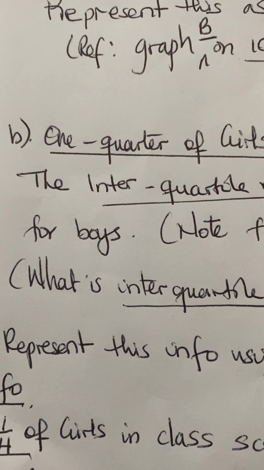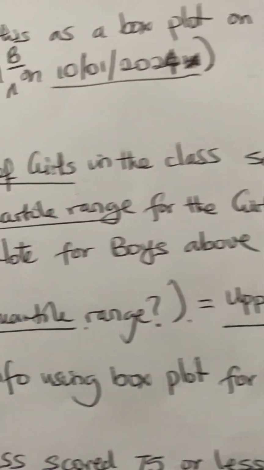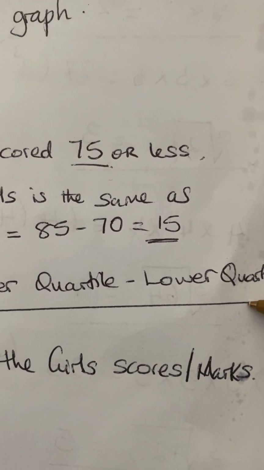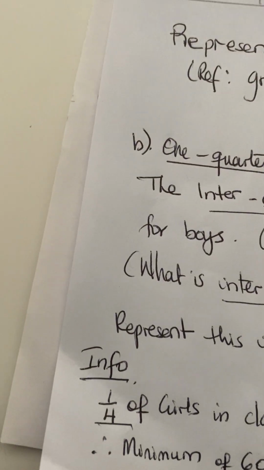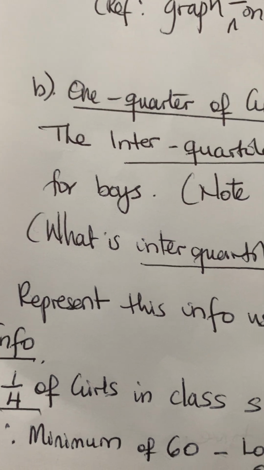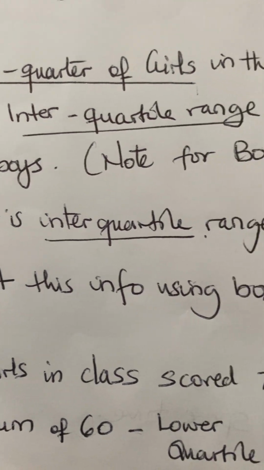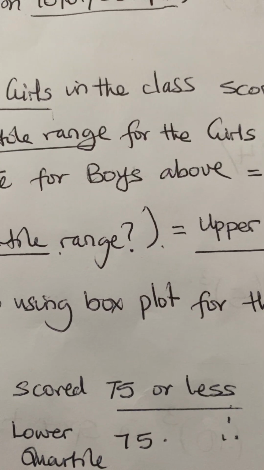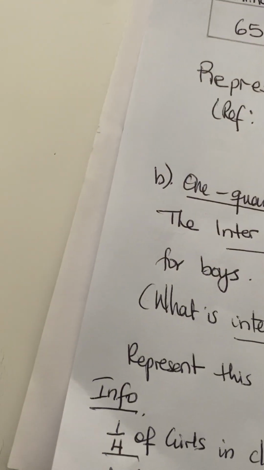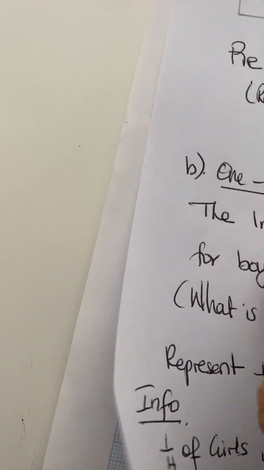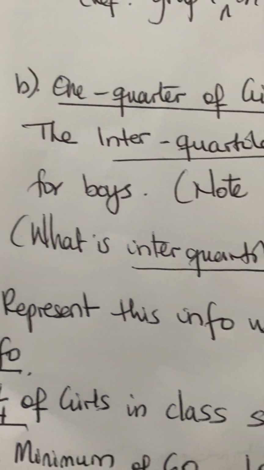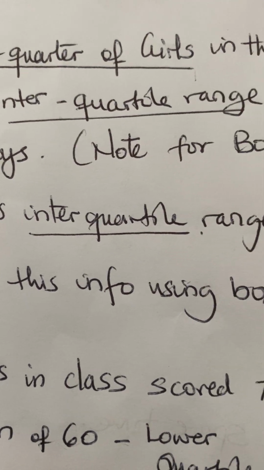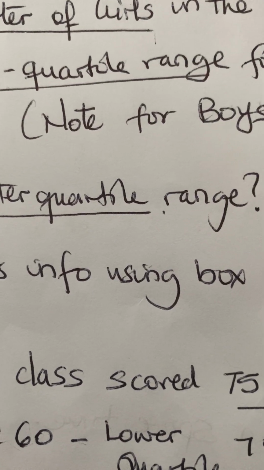And I've told you what the interquartile range is, the upper quartile minus the lower quartile. So represent this info using the box plot for the girls, and then you plot it on the grid. So one quarter of the girls in the class scored 75 or less.